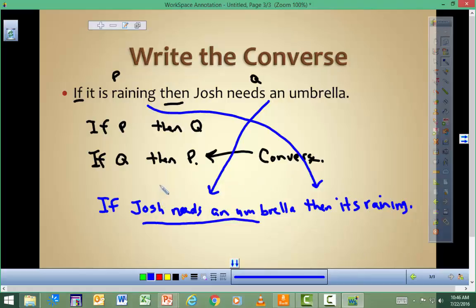Or maybe it's snowing outside and you want an umbrella to keep the snow out of your face or something like that. So it's not necessarily true. So that's one of the things we learned in chapter 2. The converses might not be true. In this section, it turns out the converse will be true. So let's take a look at them.